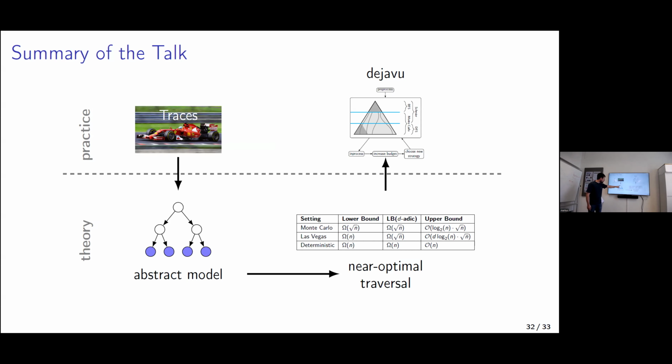Then we took this abstract model and gave a near optimal solution of this theoretical problem. We came up with probabilistic strategies which solve the theoretical problem. And then we took the theoretical solution and turned it back into practice. It inspired the design of the solver, which then gave us very good results in practice.